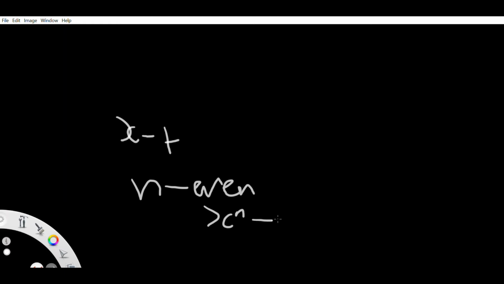And here's a little diagram. When x is positive and n is even, then x to the power of n is positive, since this is even and this is positive. Here's a diagram to display all the different combinations.